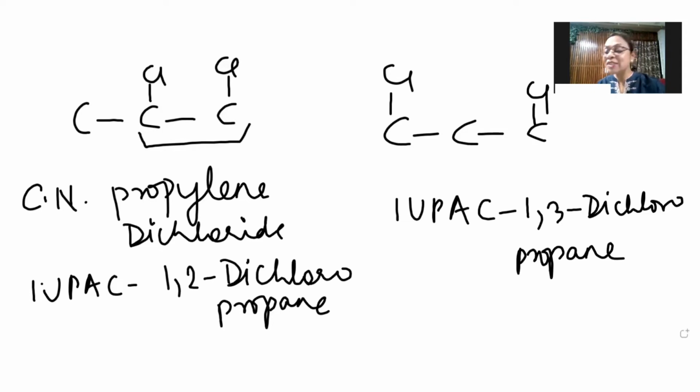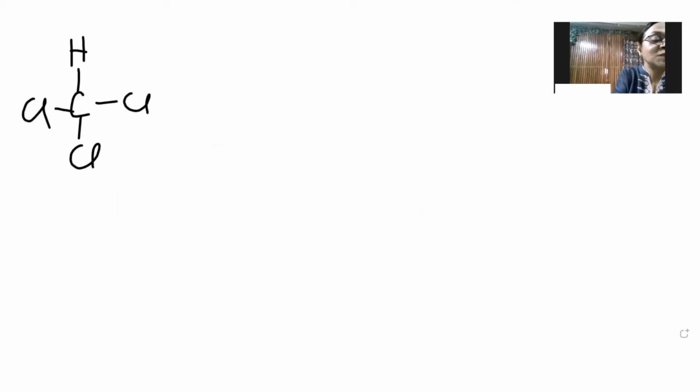Now let us proceed to the trihalides. The trihalide of methane possible is this. Common name? No ylines at all. No yls, no ylines. So the common name is something different, and it is chloroform.